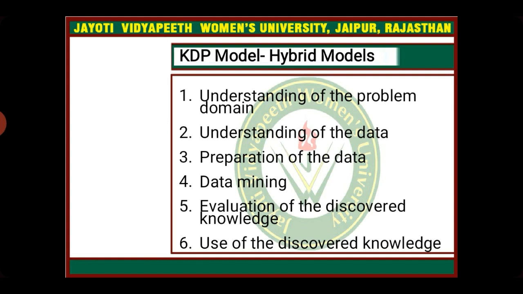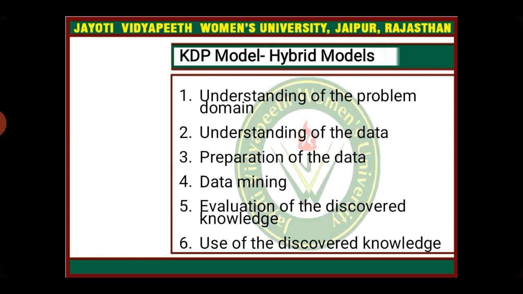Sixth is from evaluation of the discovered knowledge to understanding of the problem domain. The most common cause for this loop is invalidity of the discovered knowledge. Several possible reasons include incorrect understanding or interpretation of the domain and incorrect design or understanding of problem restrictions, requirements, or goals.